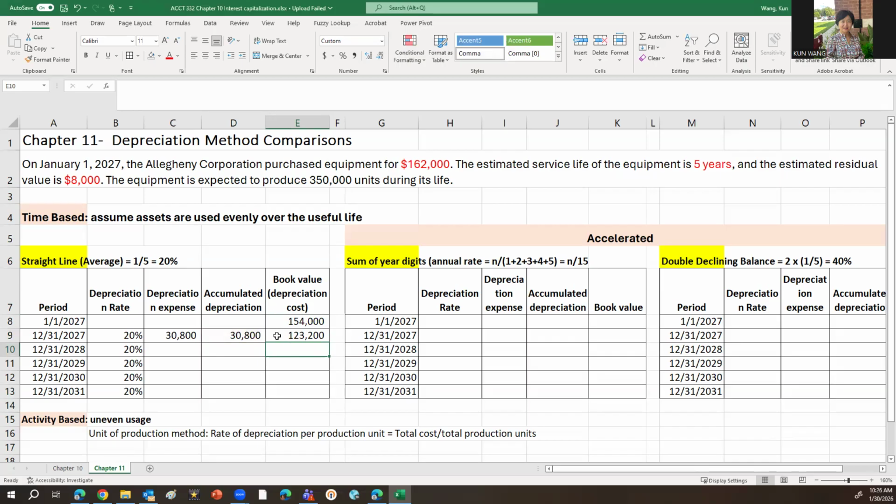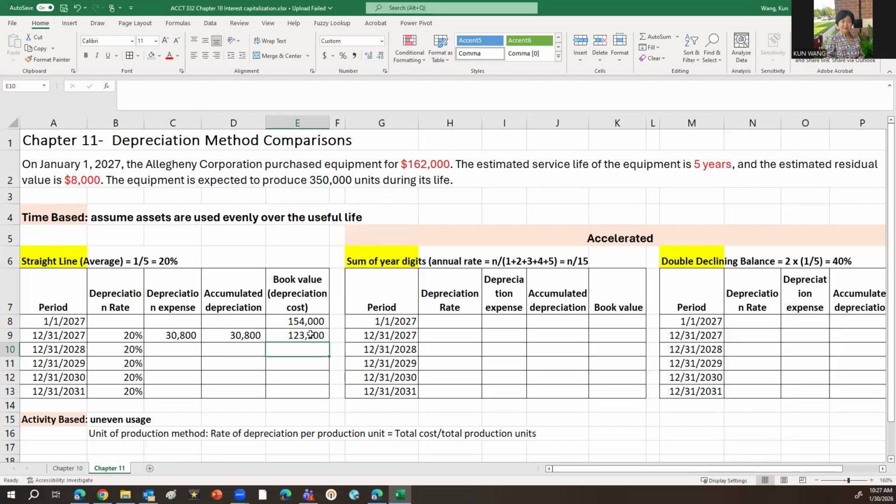So book value is an amount we know, but we don't really have a ledger account for it, right? So in financial accounting, we have equipment, we have accumulated depreciation, but the book value is the difference between these two accounts, and we don't have a direct ledger for that.